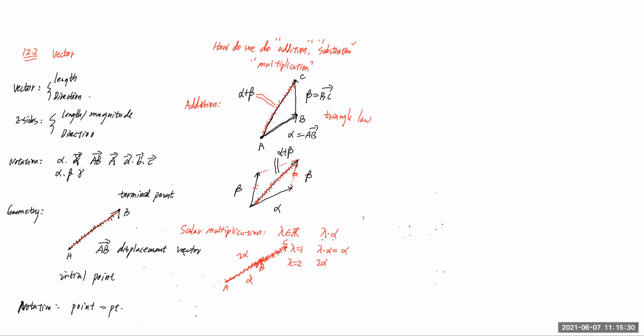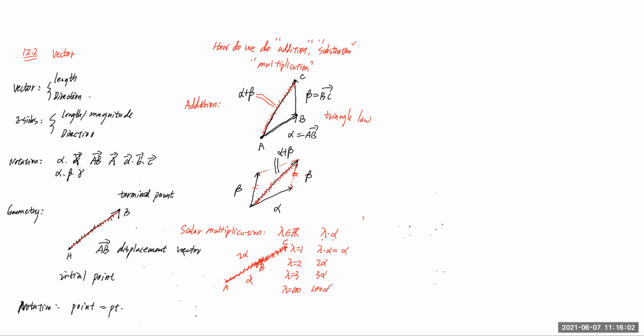I think this is easier. And then if lambda is 3, you walk 3 alpha, right? If lambda is 100, you walk 100 alpha. Anyway, you may ask why I don't just give a non-integer number.